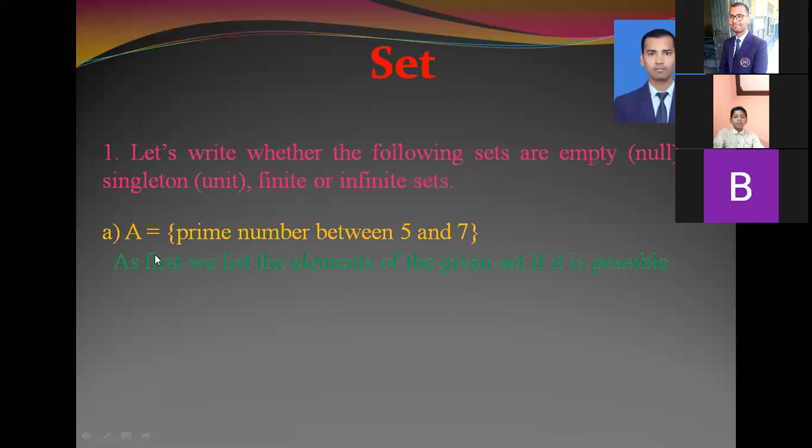Before writing whether the sets are empty, null, unit, finite or infinite, first we list the elements of the given set if it is possible. If it is possible, we need to write the elements of the set.